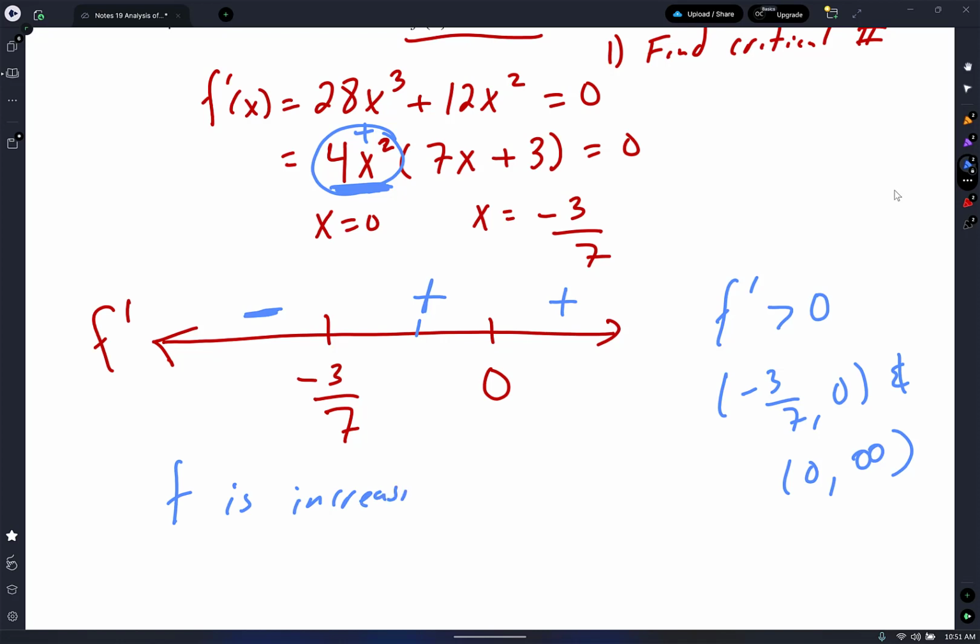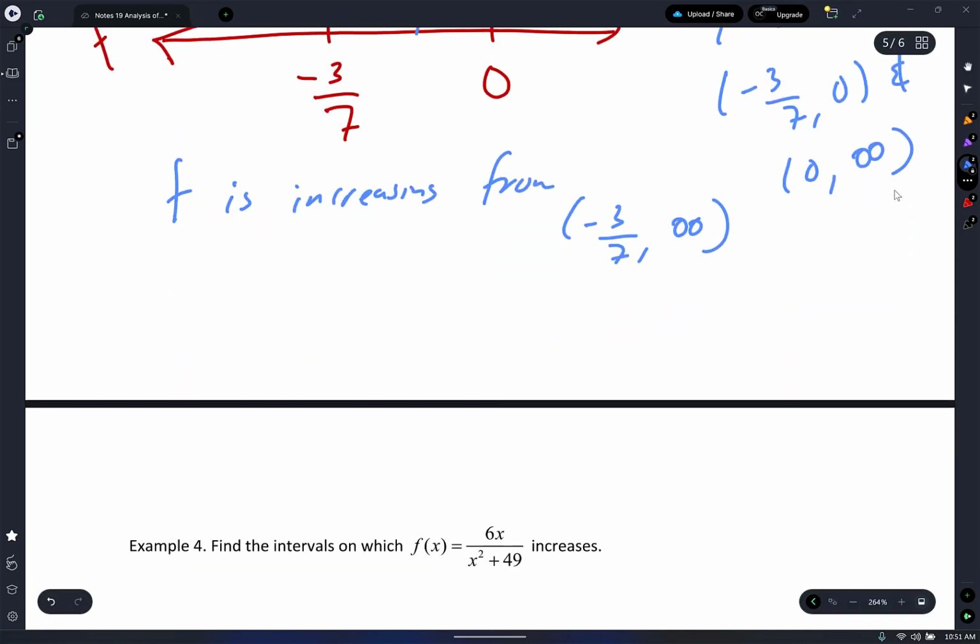Yes, that's what I was about to say. F is increasing, because it's continuous, from negative 3/7 all the way to infinity. Does that make sense, guys? Good job.